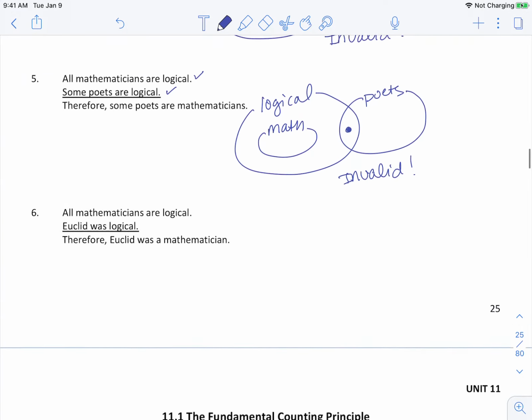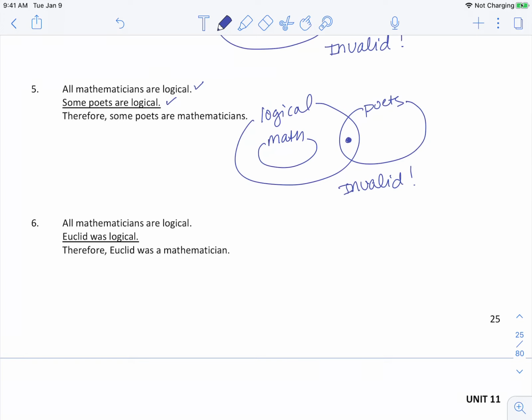We have one last example. This one says, all mathematicians are logical. Euclid was logical. Therefore, Euclid was a mathematician. Try to determine if this argument is valid or invalid.